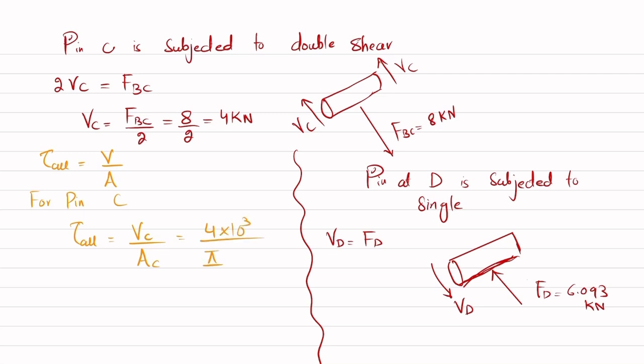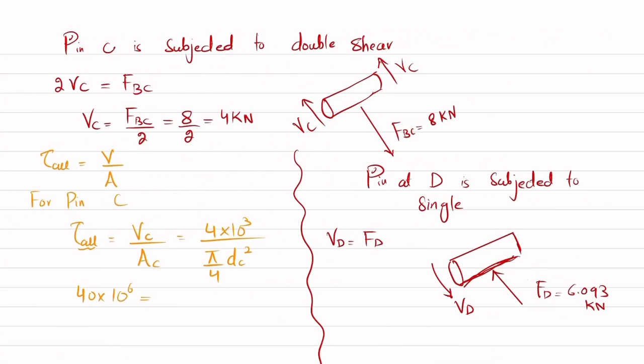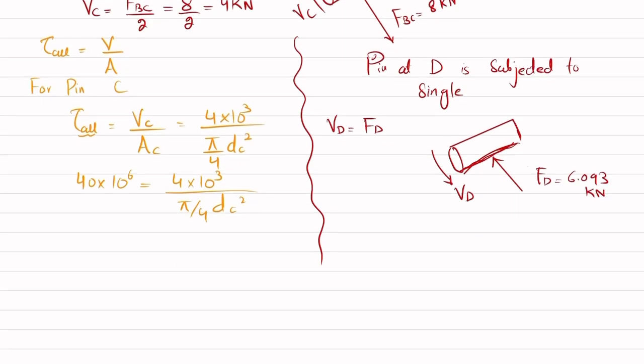The shearing area is the area of the pin, pi by 4 dc square. Allowable shearing stress is given as 40 megapascal. So 40 into 10 to the power 6 is equal to 4 into 10 to the power 3 divided by pi by 4 dc square. So from here, dc square is equal to 4 multiplied by 10 to the power 3 divided by pi by 4 into 40 multiplied by 10 to the power 6.